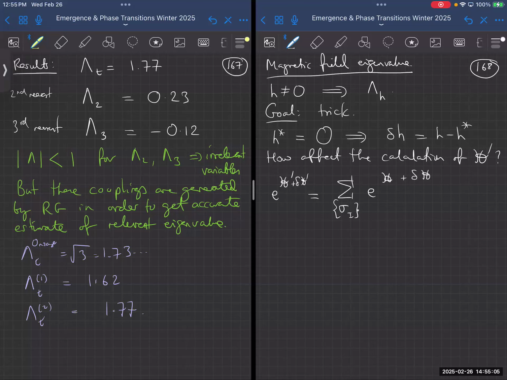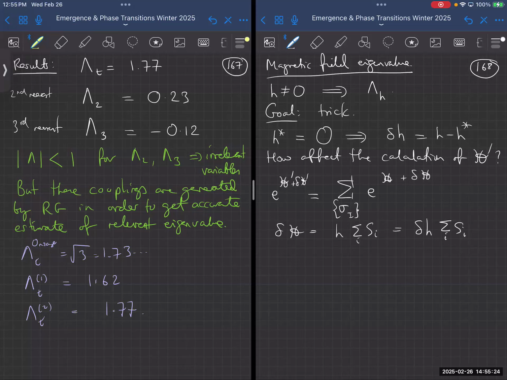And the perturbation delta H is h sum over I of S_i, which is the same thing as delta h sum over I of S_i.